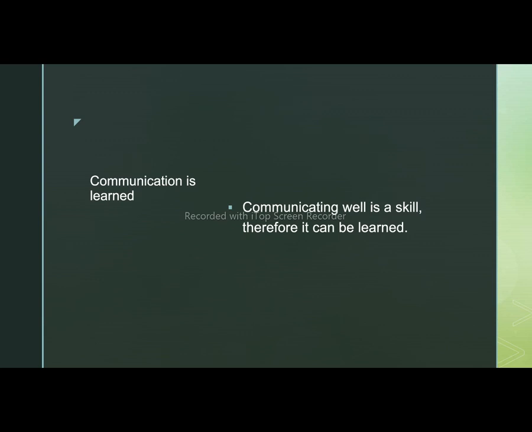In the same vein, a child of Filipino parents born in Japan is not going to learn absolute Filipino. He is going to learn Nihongo. So that's it. Communication is learned. And that's the last part of the principles of communication, or what is true with communication.